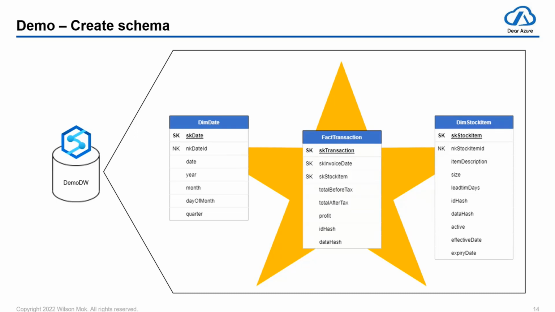And then we'll jump over to the dim stock item. This table tracks our items in stock, and this is an SCD2 table, which means when the product changes, a separate row is going to be created for each of the changes.